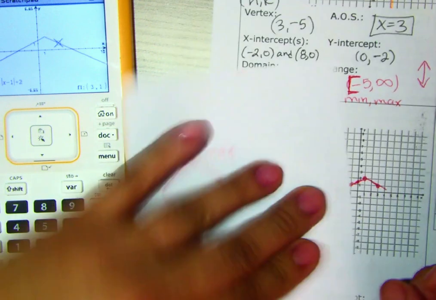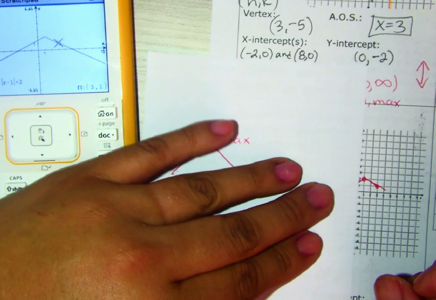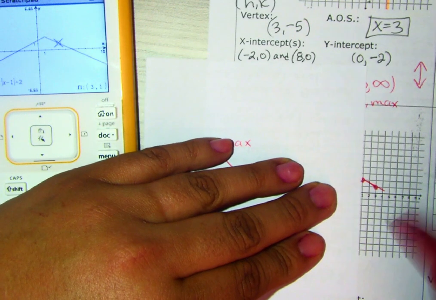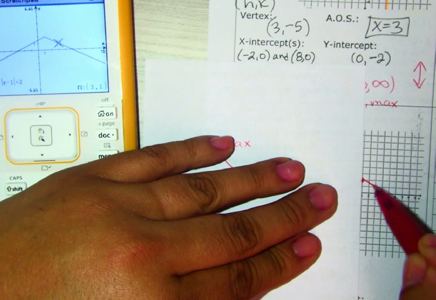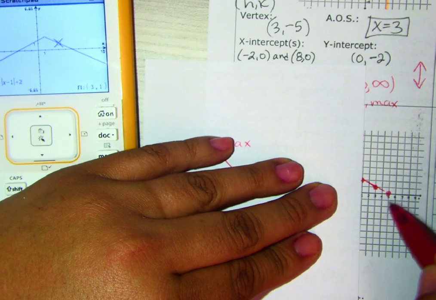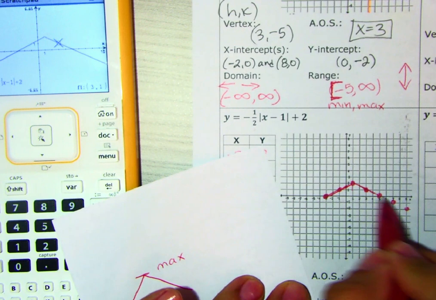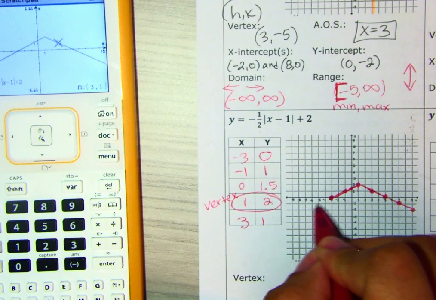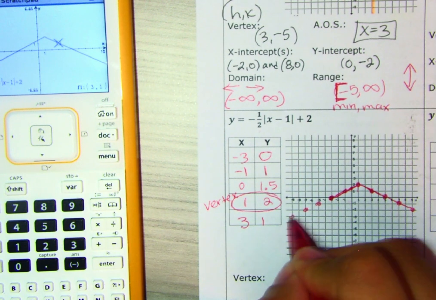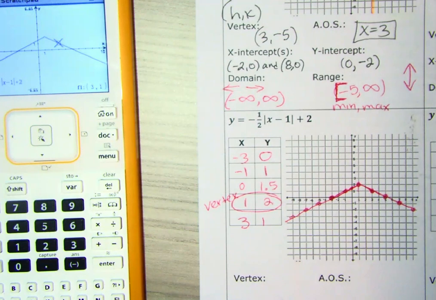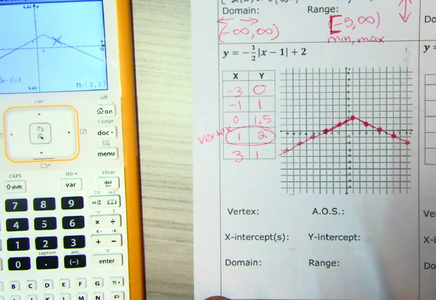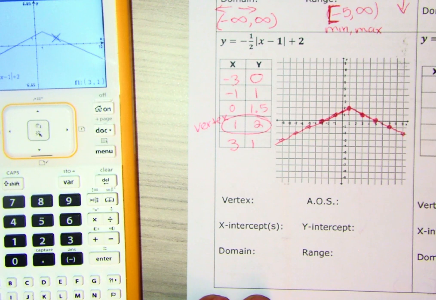You can just focus on the vertex, and on the right side of the vertex, I went down 1, run 2. Down 1, run 2. So this is how you can plot other points. And so that's the graph.